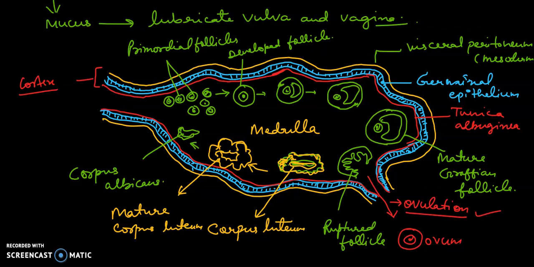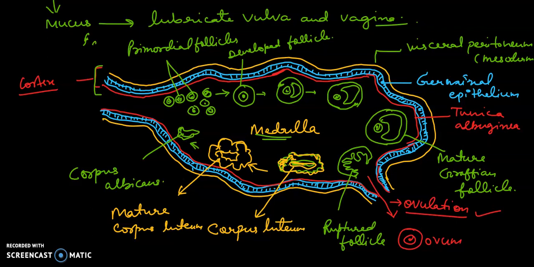In the cortical region, as I marked, this is the outer part, because the central one is the medulla. These primordial follicles are immature and can be called primary oocytes.